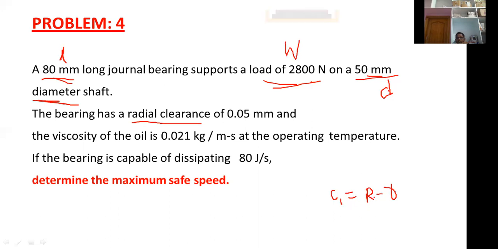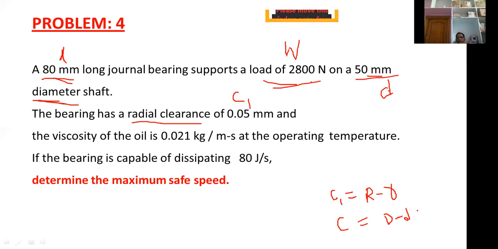This is called radial clearance, so that is the value C1. C1 is given, C1 equal to 0.05. By using this value, you have to find the value of capital C, that is capital D minus small d.